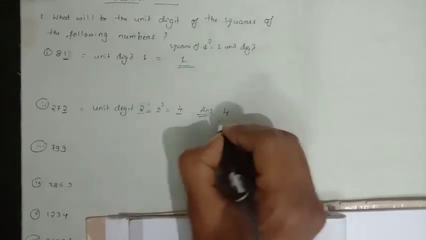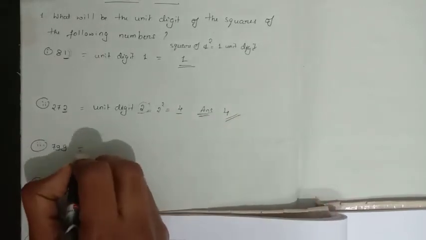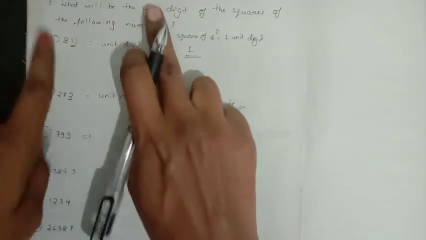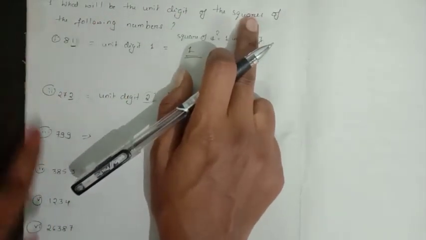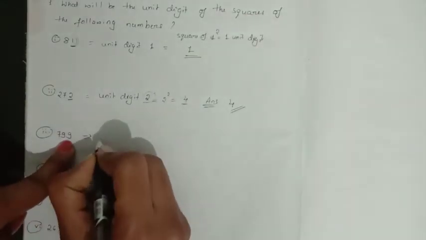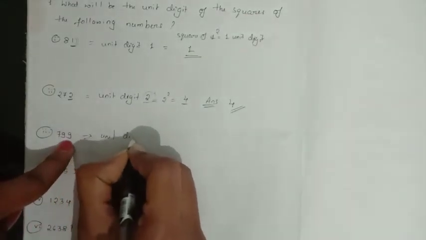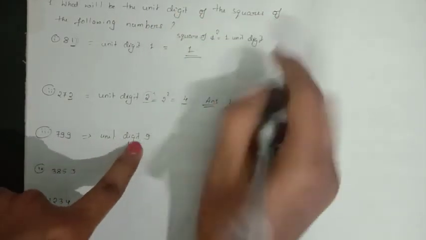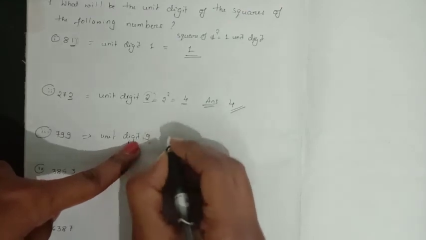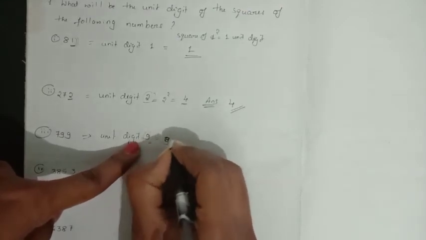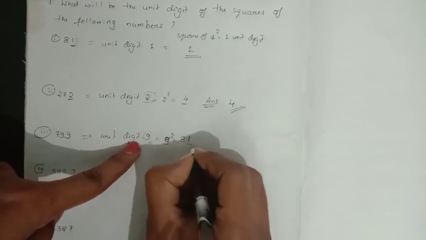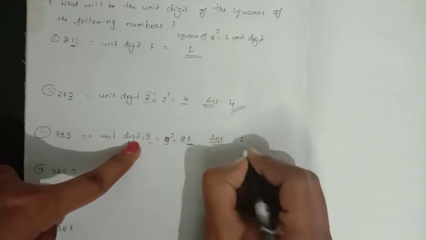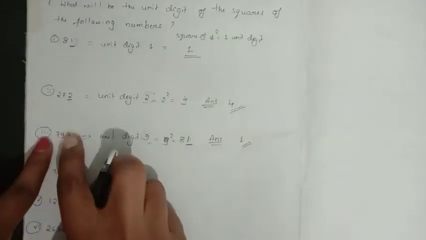Now again, 799, the unit digit is 9. The square of 9, 9 squared, is 81. What is the unit digit here? That is 1, so your answer is 1.